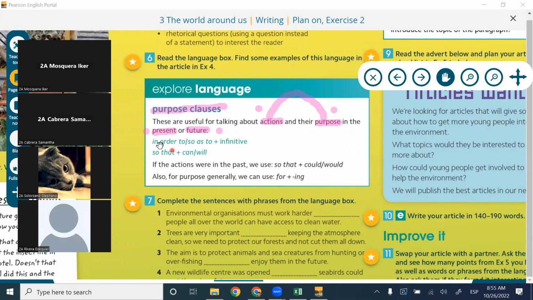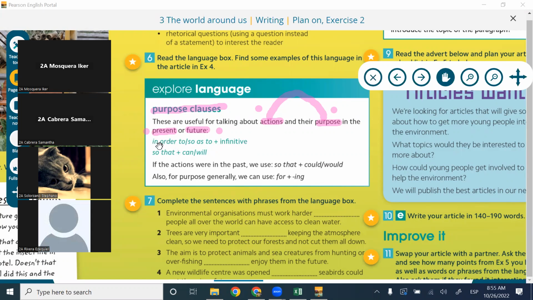Okay, so remember the expressions are in order to, or so as to, and the infinitive. I can say in order to clean the patio, in order to have a good result, so as to listen to the instructions, so as to interview a famous person. In order to, or so as to, plus an infinitive.